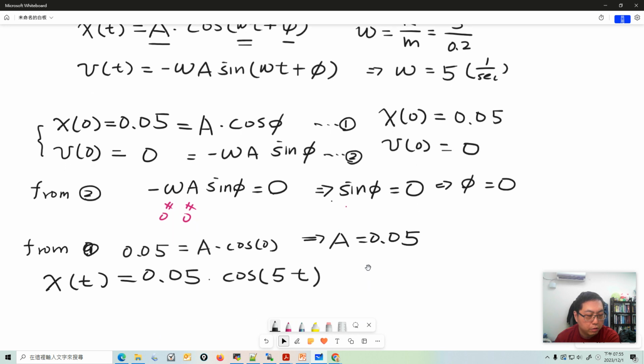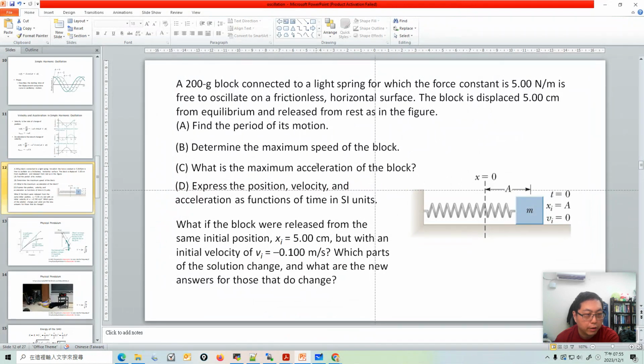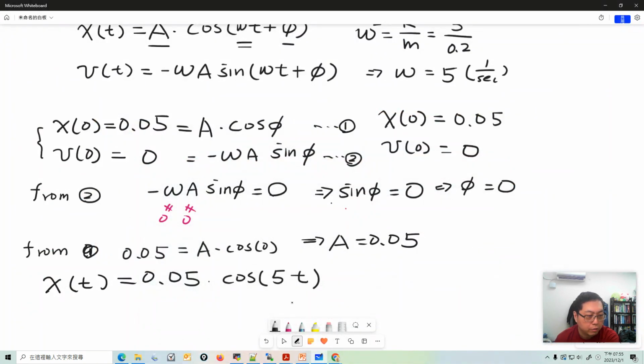So what is the problem asking for? Let us see. Maximum speed, maximum acceleration, and also the velocity function and acceleration function. It's very easy. What is Vmax?